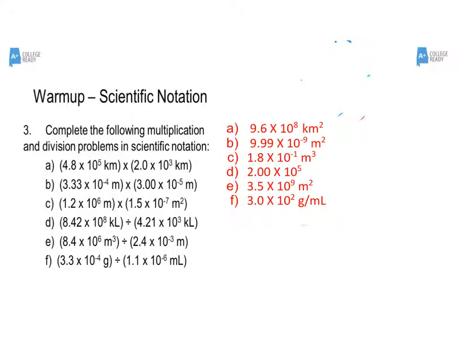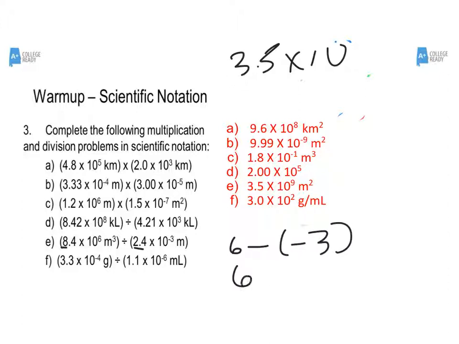Letter E, we're going to divide. When I divide 2.4 into 8.3, I get 3.5 times 10 to 6 minus a negative 3, which gets us a 6 plus a 3. That's going to be equal to 9. So the exponent is 9.